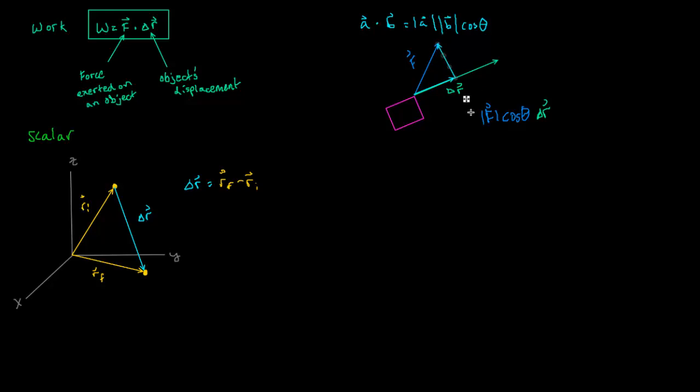I'm saying horizontal and vertical, but really I should be saying parallel and perpendicular. Parallel and perpendicular to what, you ask? Parallel and perpendicular to this one, this delta R. Okay, so I'll label those F parallel, F perpendicular, and this magnitude of F times cosine theta, well, that's just the parallel component of the force.